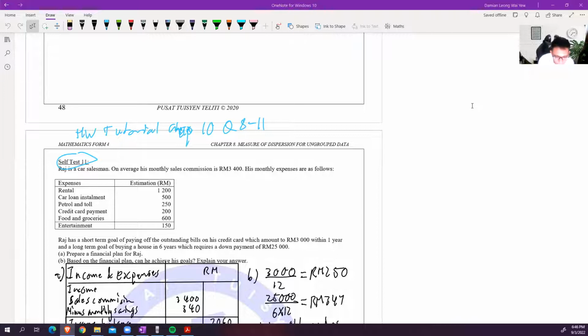Give or take 2 hours per chapter. I'm not talking about 2 hours in one day. I'm talking about 2 hours in 1 month. So in 1 month you need to spend maybe 4 to 5 hours.